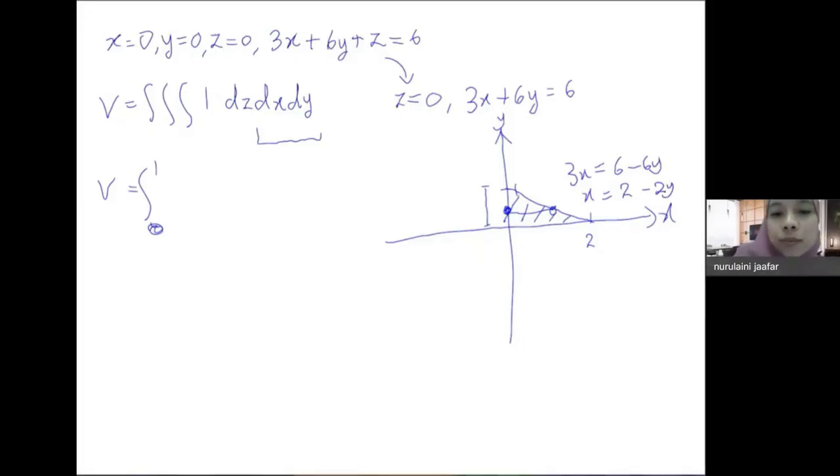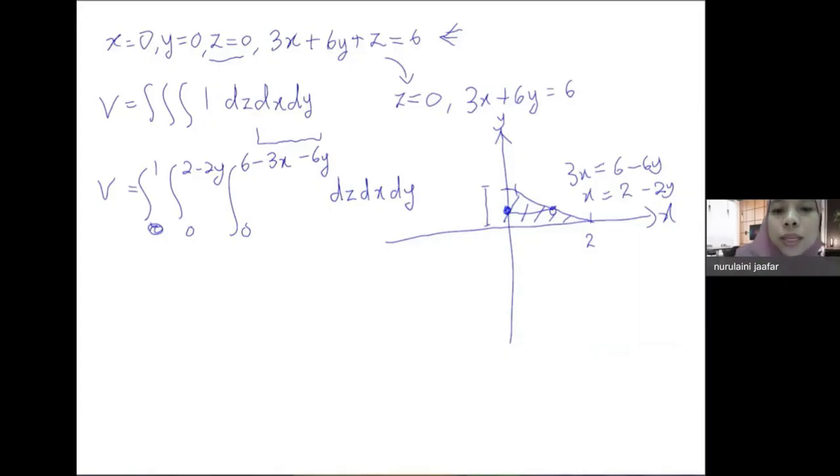So x is from 0 to 2 minus 2y. And then how about z? For z, we have to refer to the 3D. So z equal to 0 until 6 minus 3x minus 6y, and then dz dx dy.